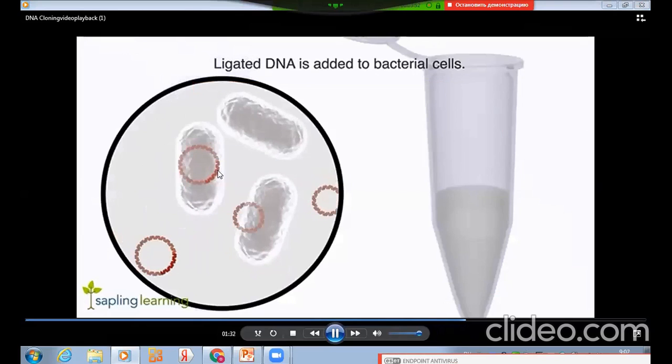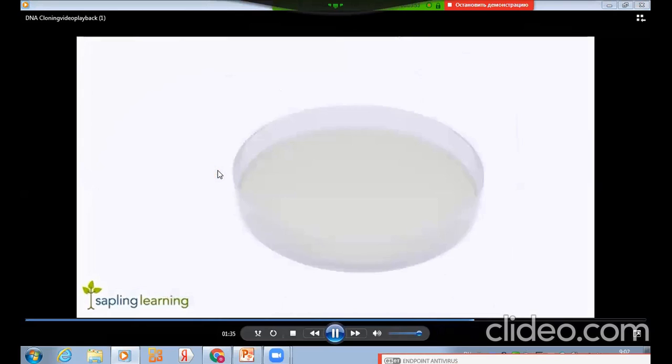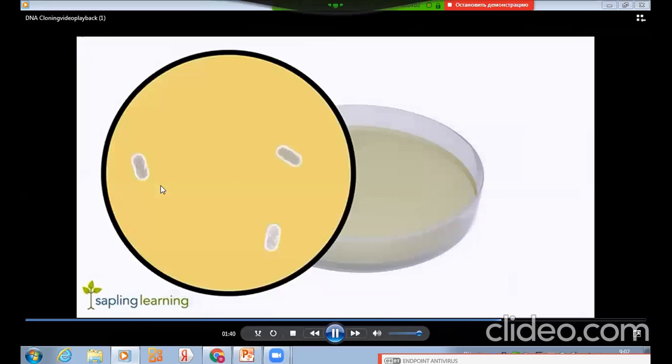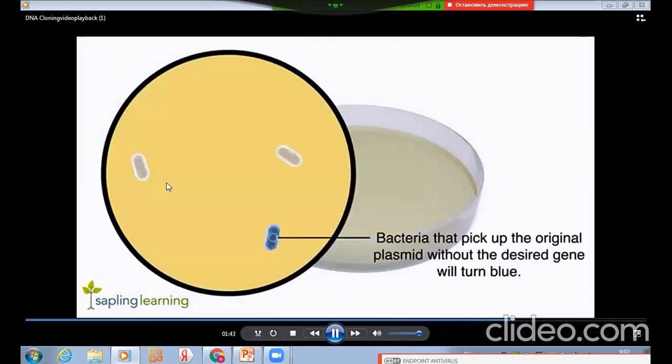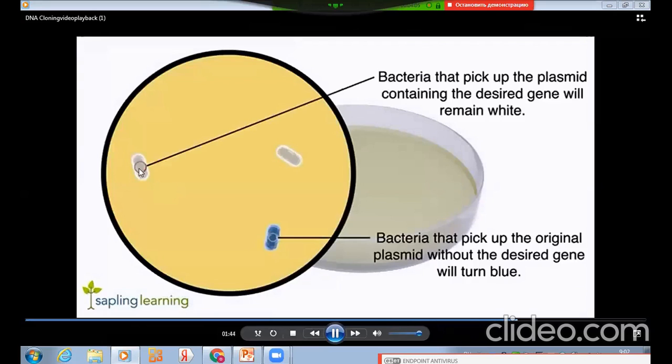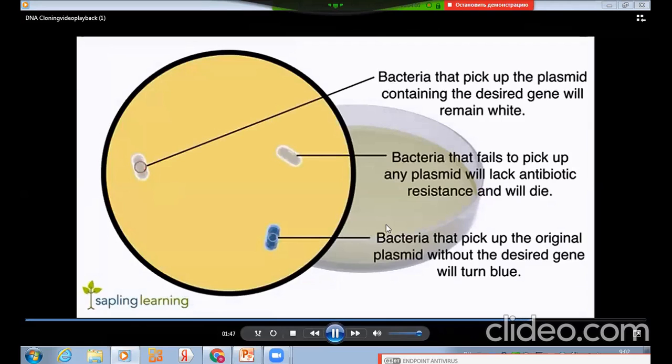Recombinant DNA molecule in the host cell. This process is called transformation of the DNA molecule in bacteria, then placed into petri dishes and cultured.